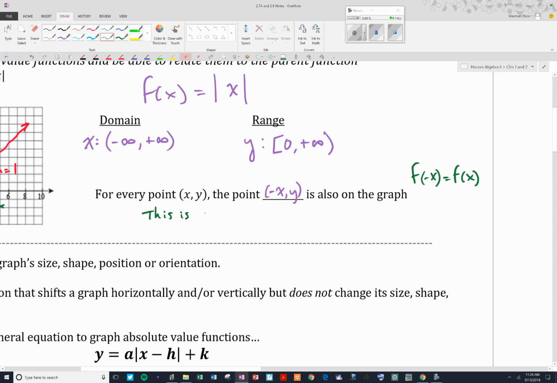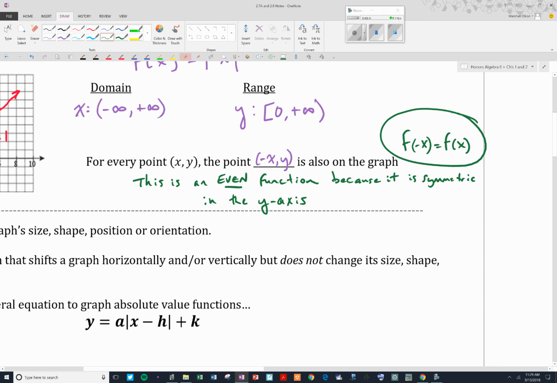So I'm going to write right there that this is an even function because of that fact, and also graphically because it is symmetric over the y-axis. Symmetry over the y-axis means that it is an even function. Algebraically, this means it is an even function.